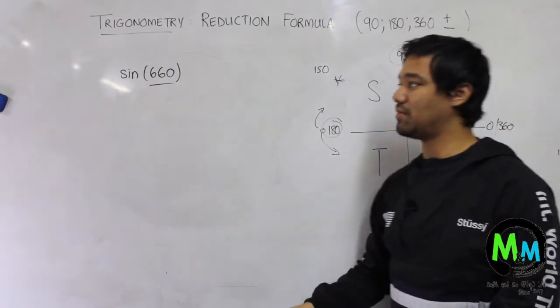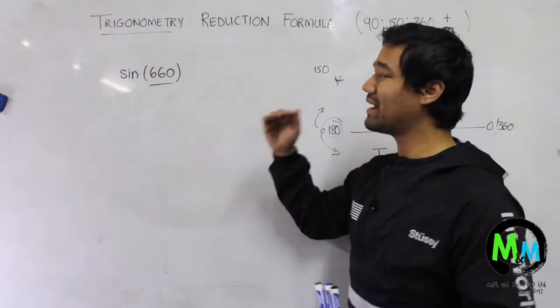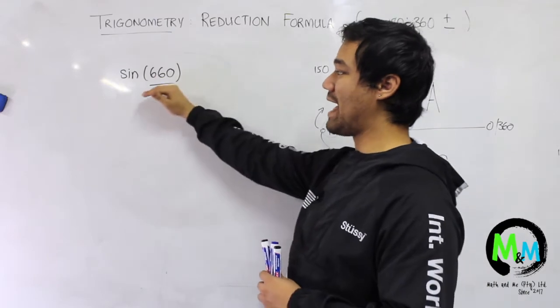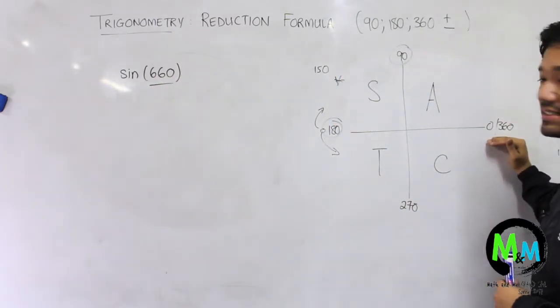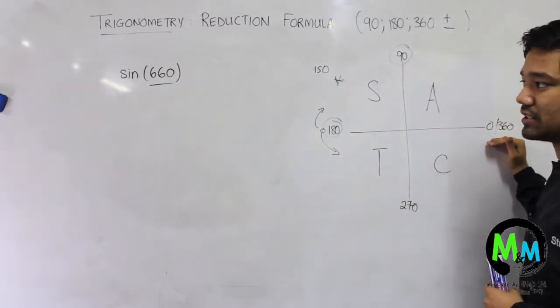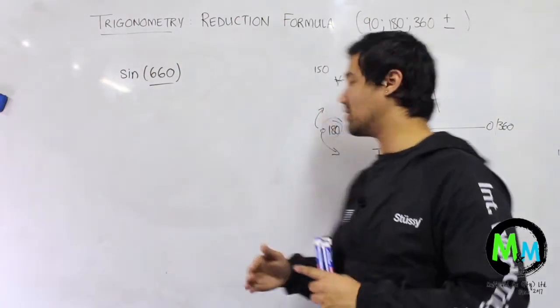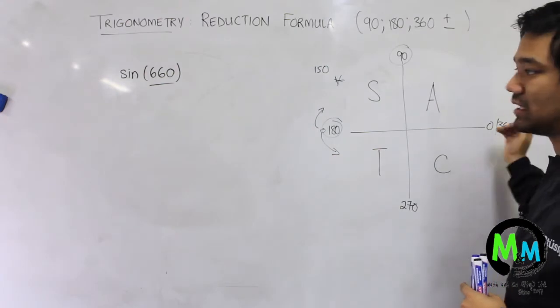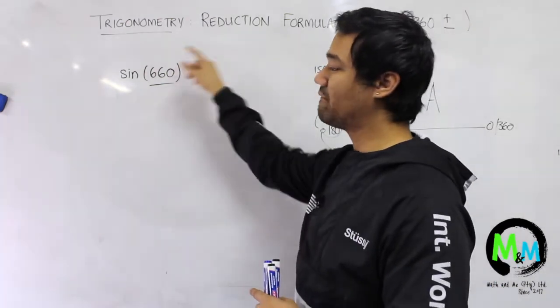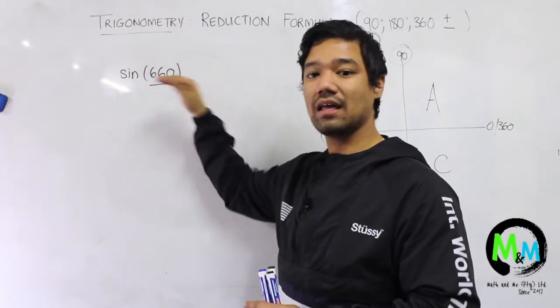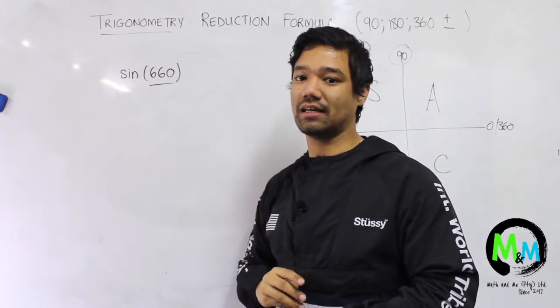So you need to keep in mind that whenever you have an angle that is above 360, which is a full revolution, you minus 360 from that until you get an angle that is below 360. So we will be minusing full revolutions until we get to an angle that is below it.